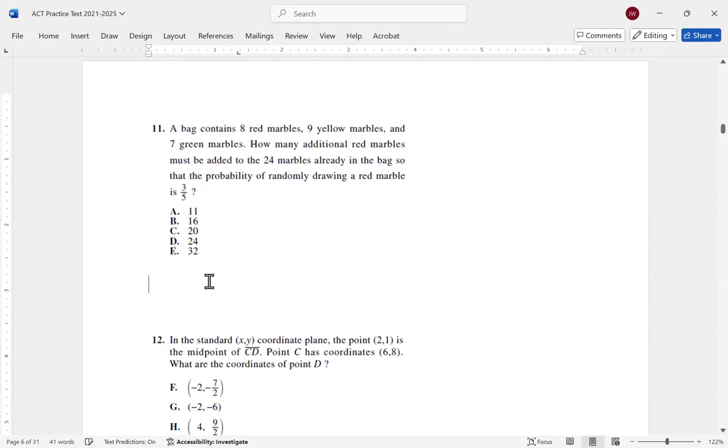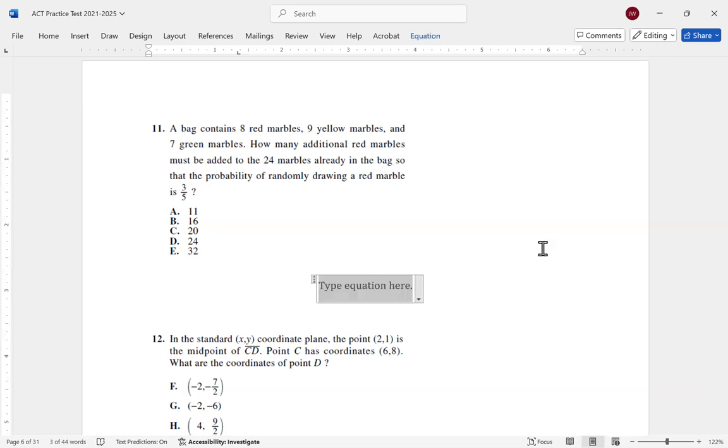Question 11. A bag contains 8 red marbles, 9 yellow marbles, and 7 green marbles. How many additional red marbles must be added to the 24 marbles already in the bag so that the probability of randomly drawing a red marble is 3 out of 5? So we're going to add red marbles.